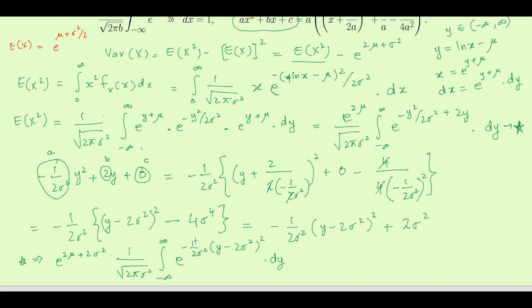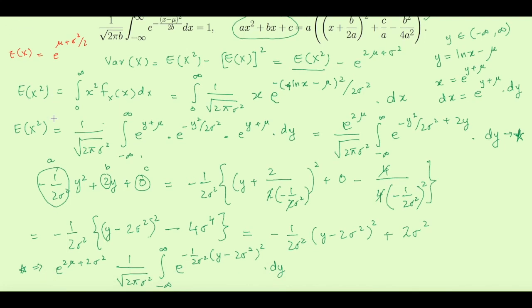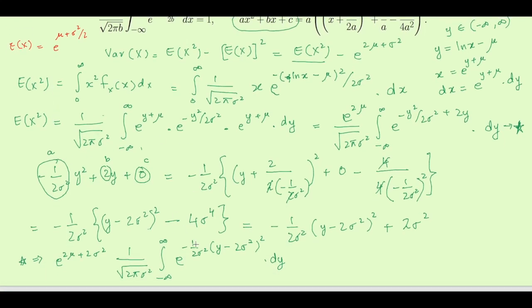So what do we say by this story? This is exactly the same as this story, because we have here 2 sigma squared and here we have a sigma squared. So this guy is equal to 1. So I get e to the 2 mu plus 2 sigma squared.